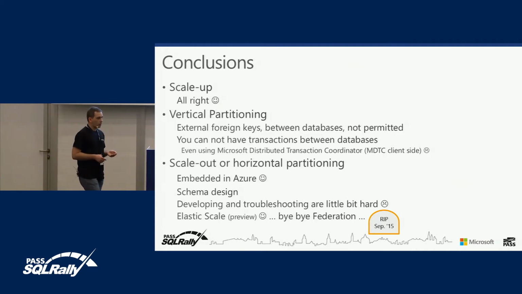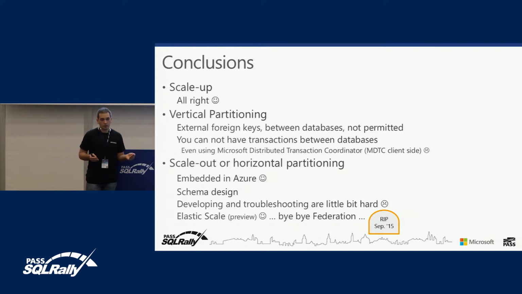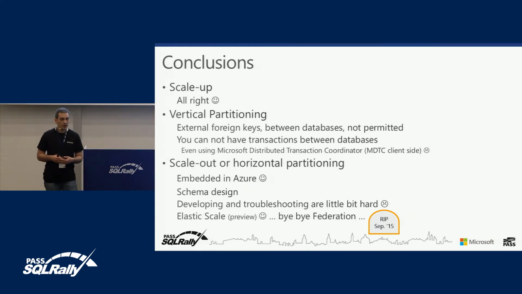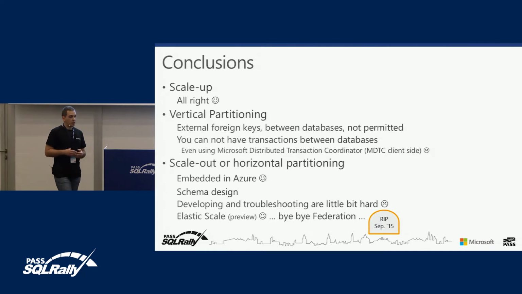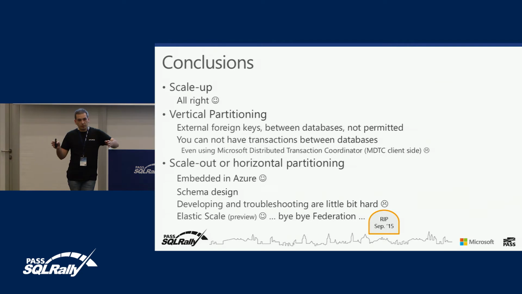So we can go above this limit using vertical partitioning, but in this case, we don't have foreign keys across different databases, and we don't have transactions between different databases.